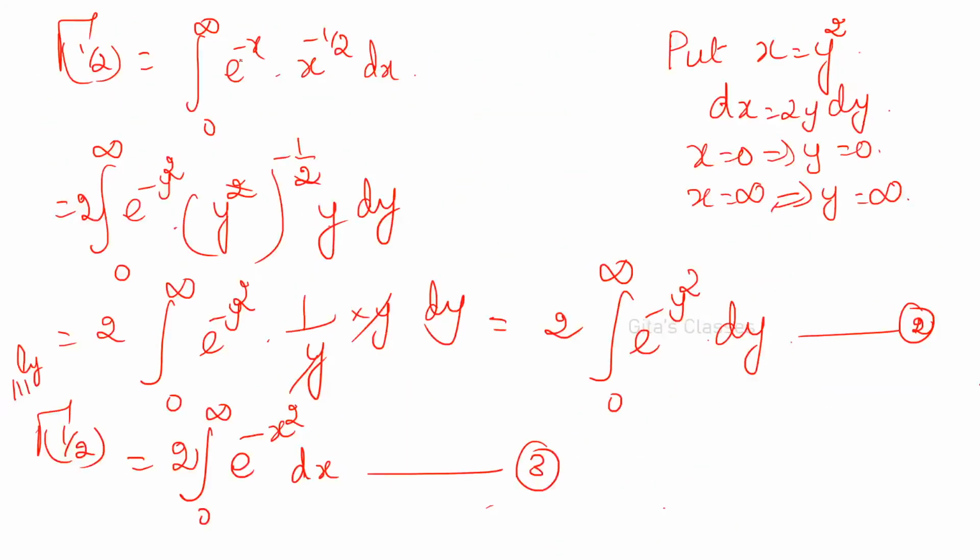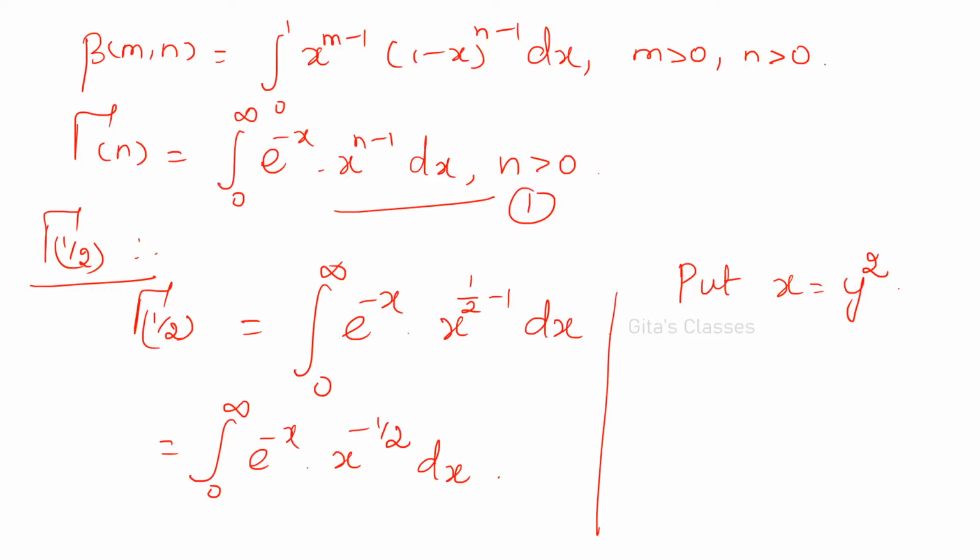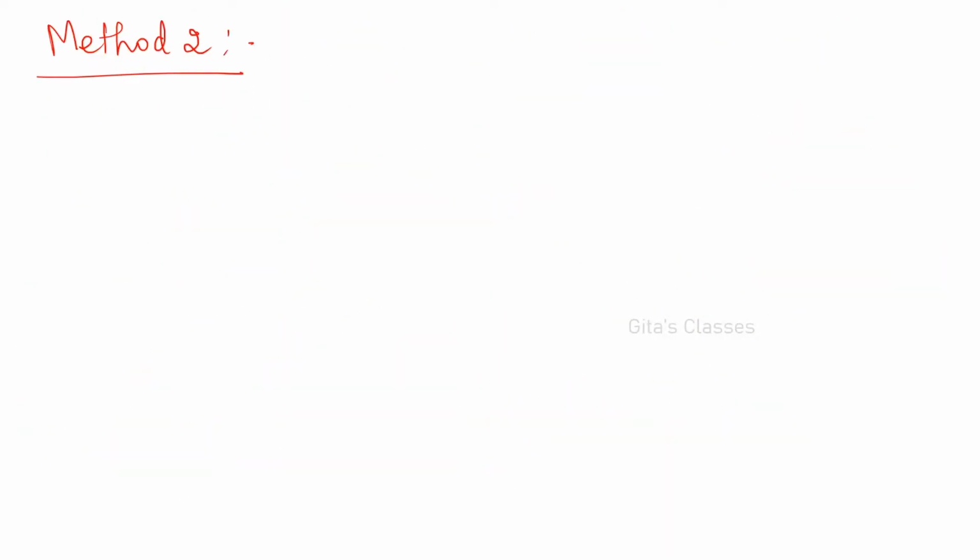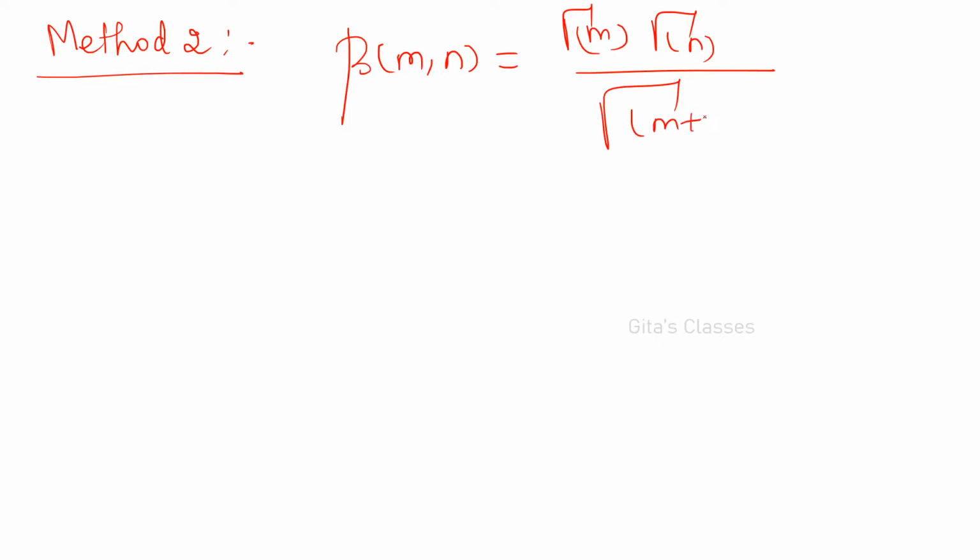And one more method is there to find out the value of gamma of 1 by 2. Already we have seen method 2. So first one is method 1, you can write. Method 1 to find the value of gamma of 1 by 2. So already we have seen that beta of m comma n is equal to the relation between beta and gamma functions: gamma of m into gamma of n divided by gamma of m plus n, right?